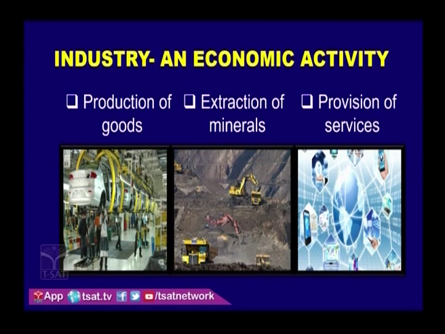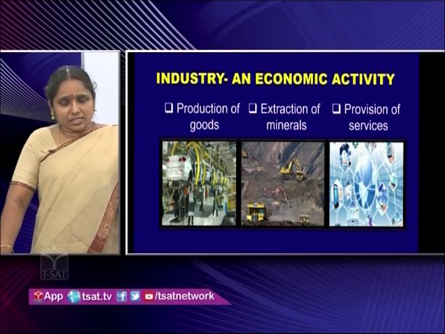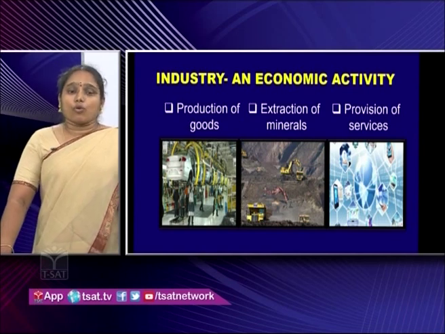The third one is speaking about the different types of networks that help us in communication and all. So I repeat, industry is an economic activity in which goods are produced or minerals are extracted or services are provided.